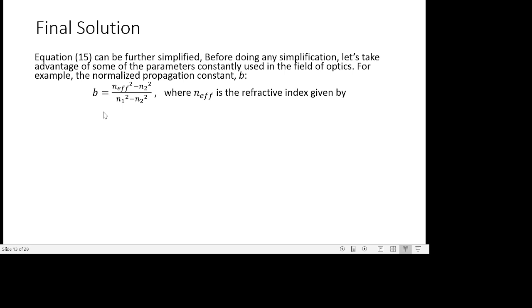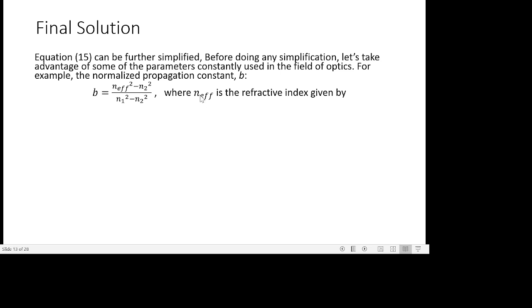So let's define another parameter B. This parameter is called the normalized propagation constant. The normalized propagation constant is the effective guide refractive index squared minus n2 squared, and then divided by n1 squared minus n2 squared.